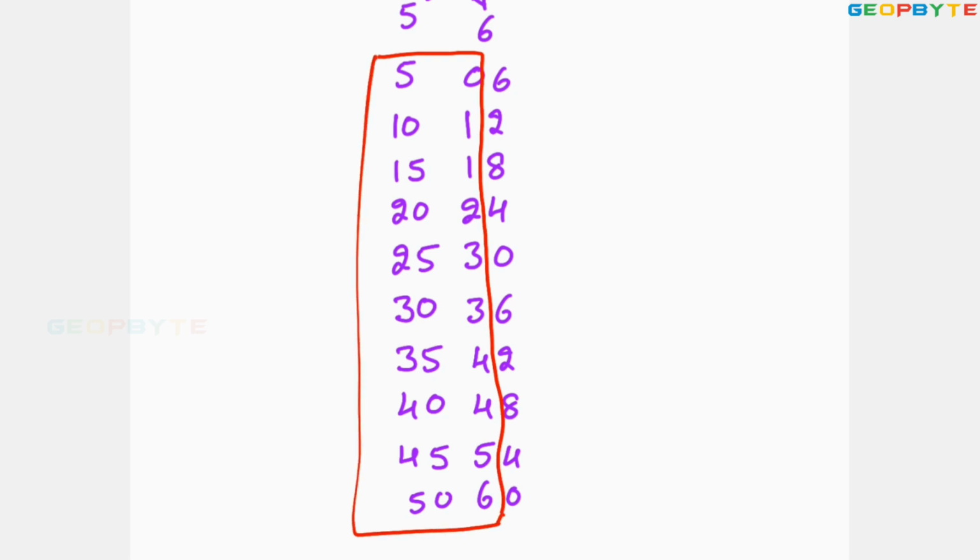Then make the plus symbol between the inside values of the box. I hope you are clearly following. Then you add the inside values like 5 plus 0 is 5, 10 plus 1 is 11.